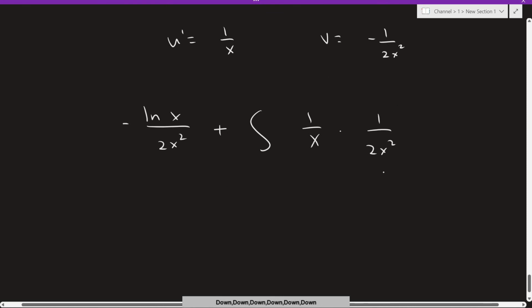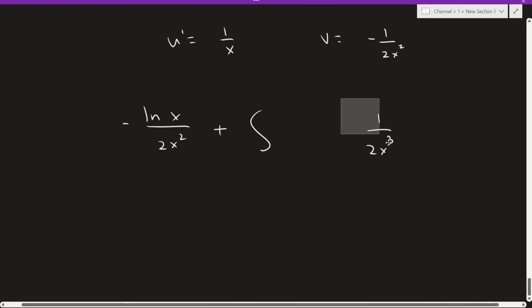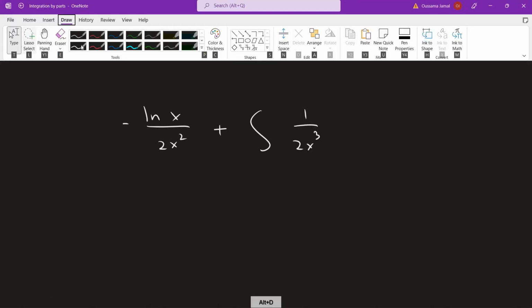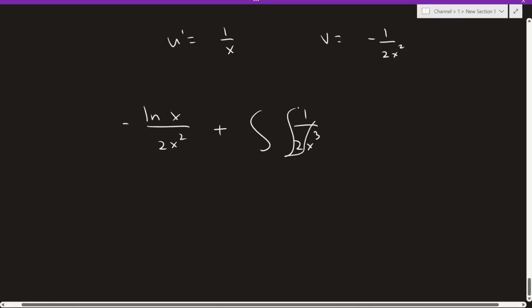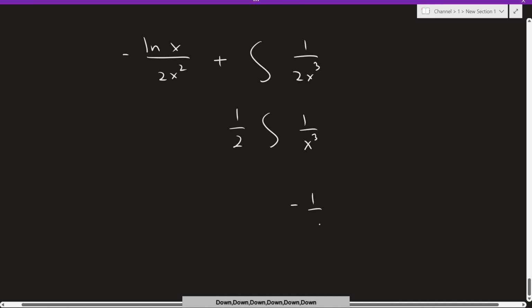1 over x times 1 over 2x squared, 2x cubed. Okay, let me make this closer. Okay, and then we can take 1 over 2 outside since it's a constant. So we take it outside, 1 over 2, then integration of 1 over x cubed. 1 over x cubed is just negative 1 over 2x squared.